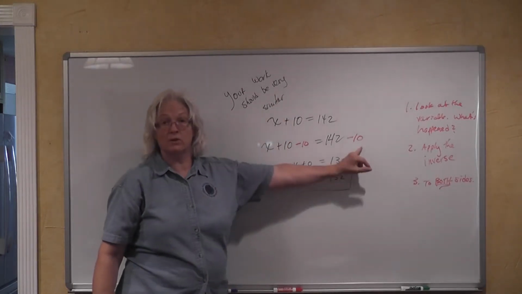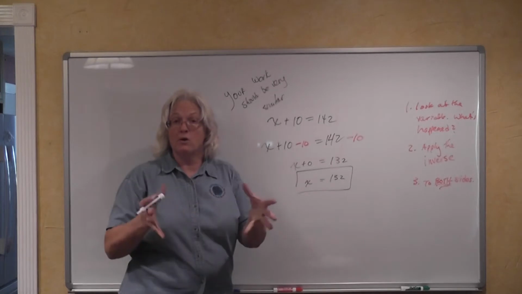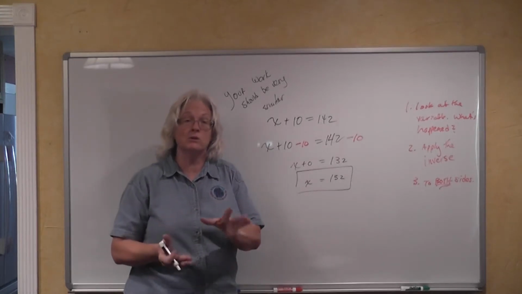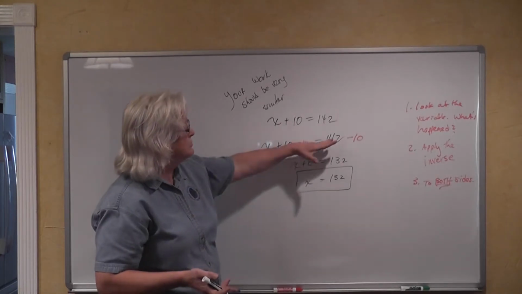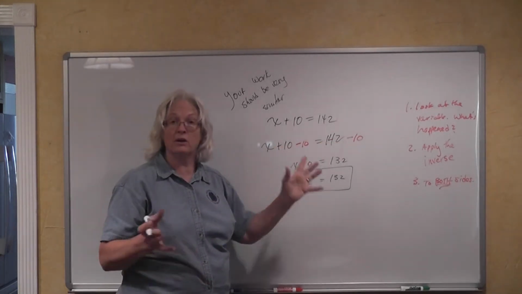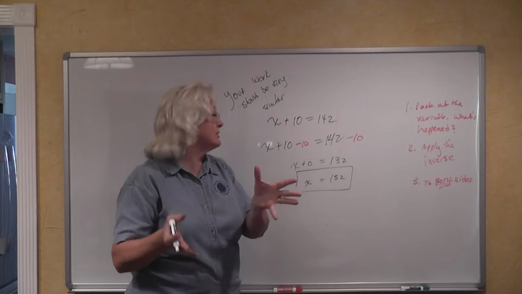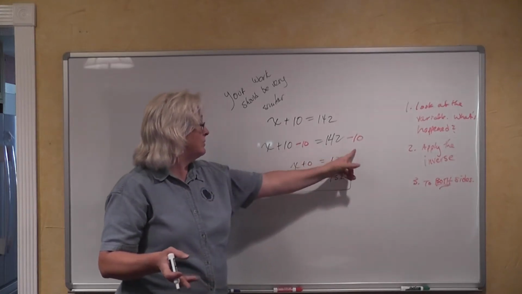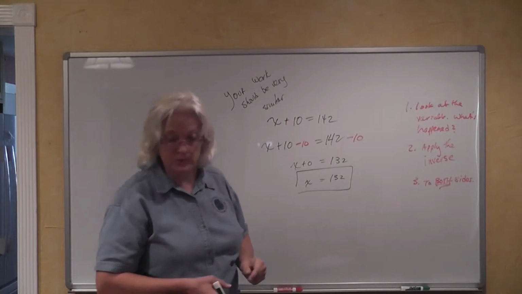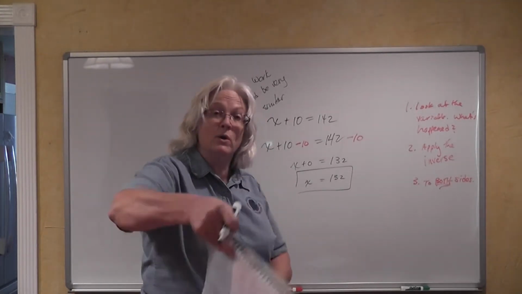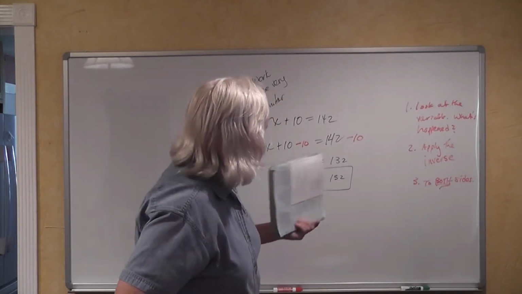Now you're going to say, Miss Betsy, do I have to use different colors here to highlight the inverse operation? No, you don't. But if you're struggling with trying to figure out what you're doing, use different colors like I do, because then it just jumps out at you that you have applied the inverse to both sides of the equation. Okay, let's go ahead and do another example.